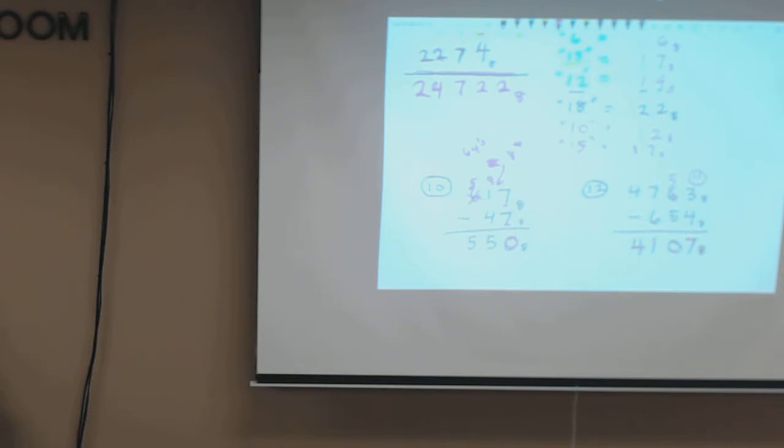So what's 9 minus 4? 5. Then 5 minus 0 is 5. So the answer is 550. What you're doing is you're carrying over an 8 each time.